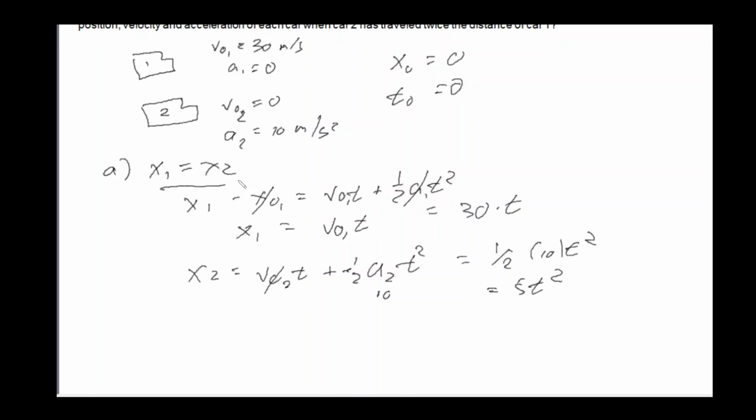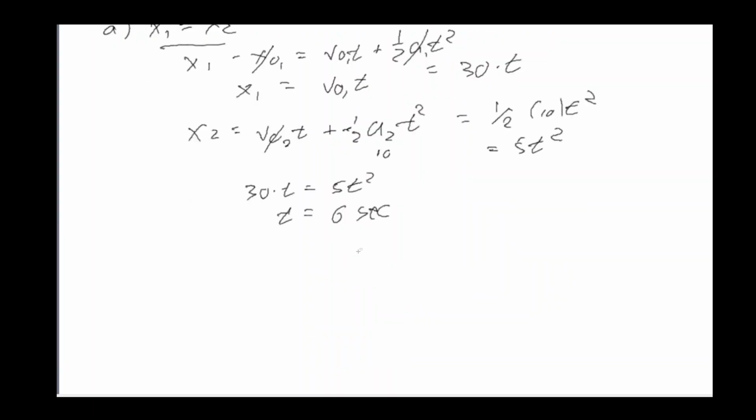So if we want x1 equals x2, we have to write the two equations as such, and if you solve, you get t equals 6 seconds. So 6 seconds is when the cars pass each other.